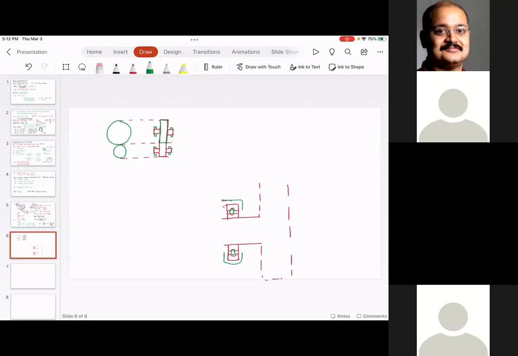And this bearing needs to have a bearing cover, so you would have a bearing cover. Sometimes the bearings are preloaded.